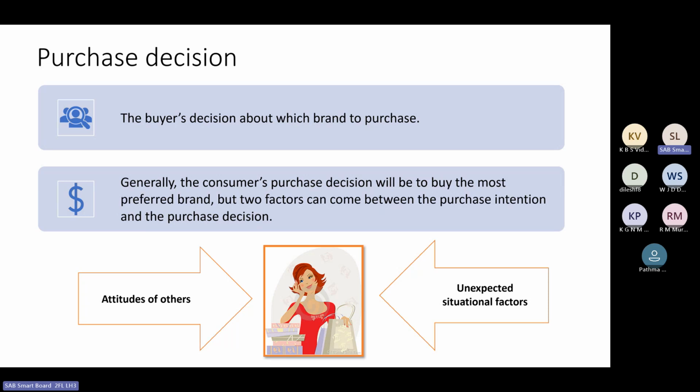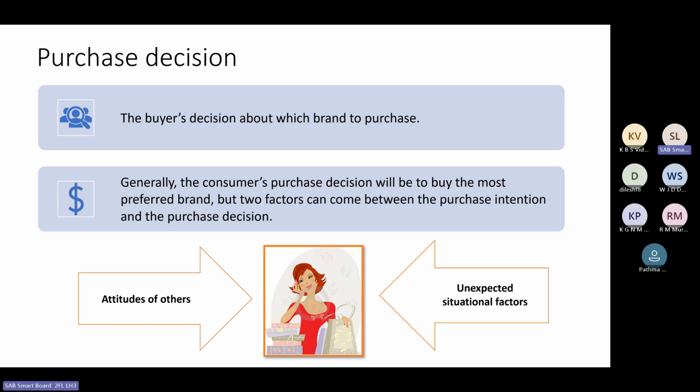But again, at this purchase decision, there can be two factors affecting it: the attitude of others and unexpected situation factors. Maybe at our buying stage, someone else might be pushing us to go for another brand. Those things can happen.